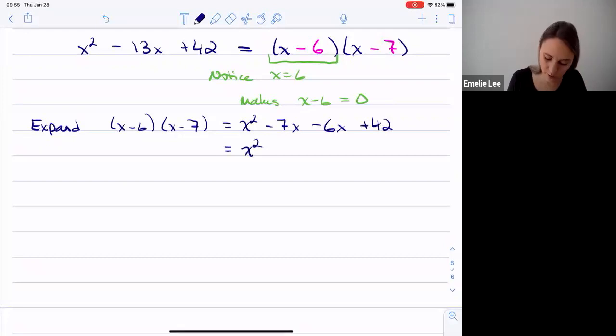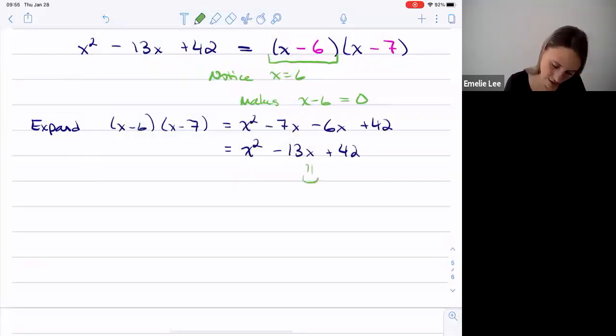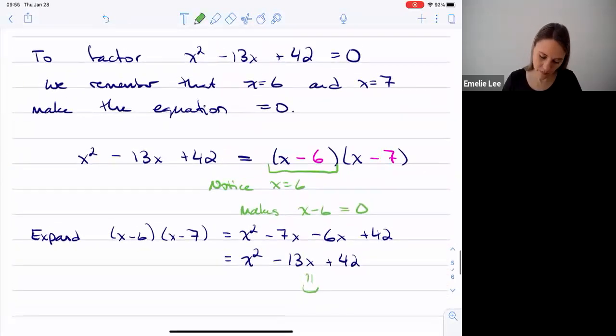So I get x squared minus 13x plus 42. Whee! I get back to the same thing. All right.